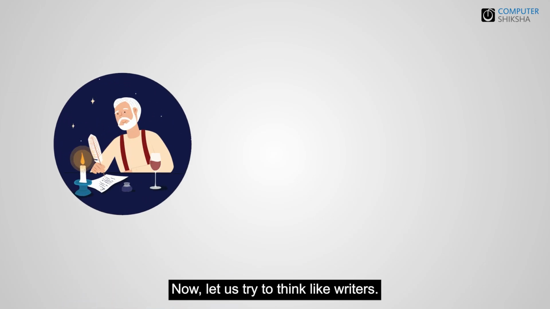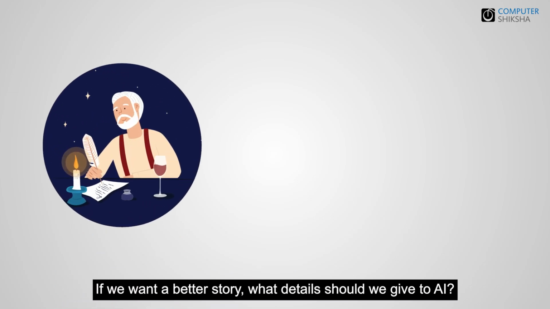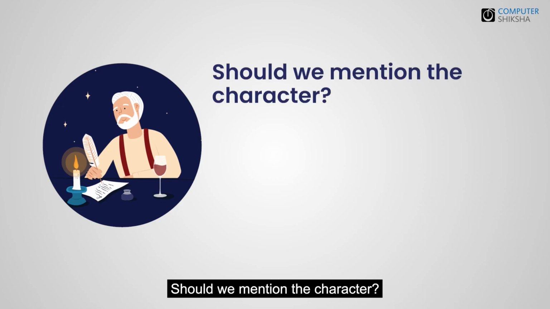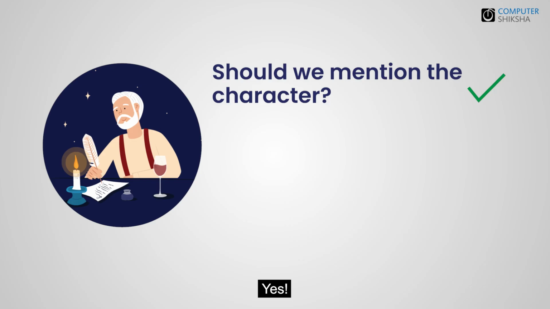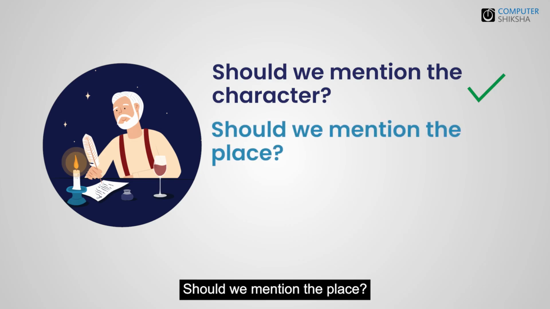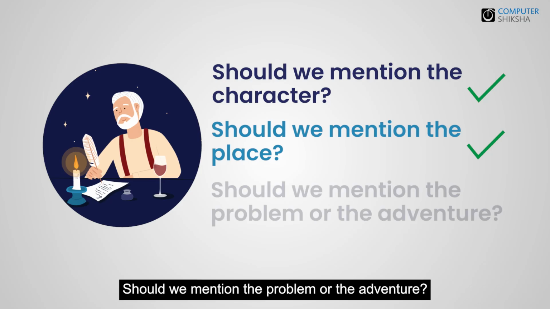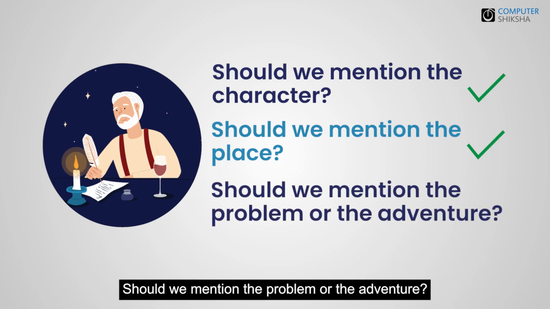Now, let us try to think like writers. If we want a better story, what details should we give to AI? Should we mention the character? Yes. Should we mention the place? Yes. Should we mention the problem or the adventure?